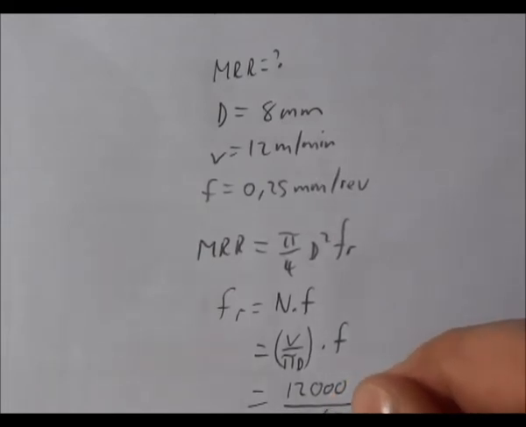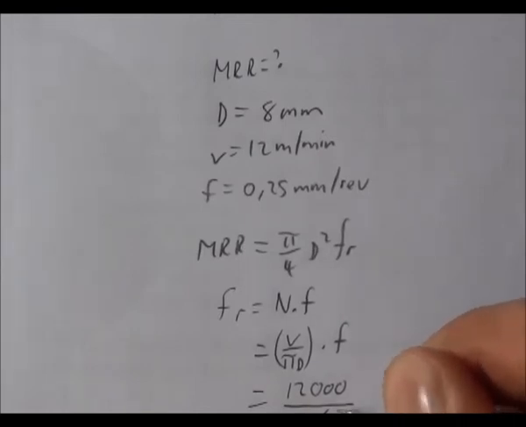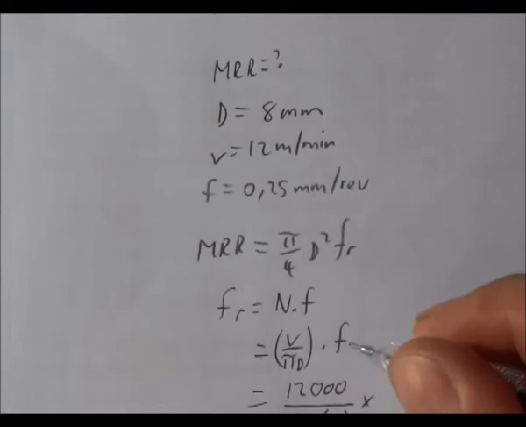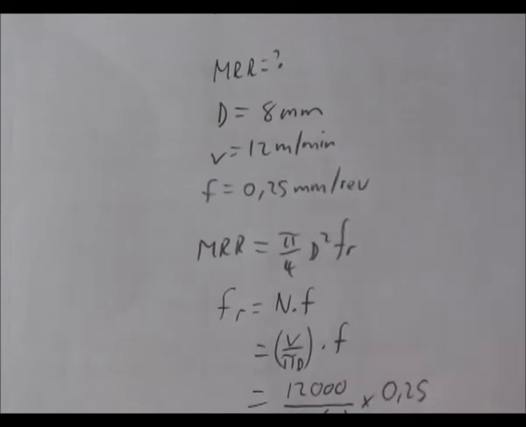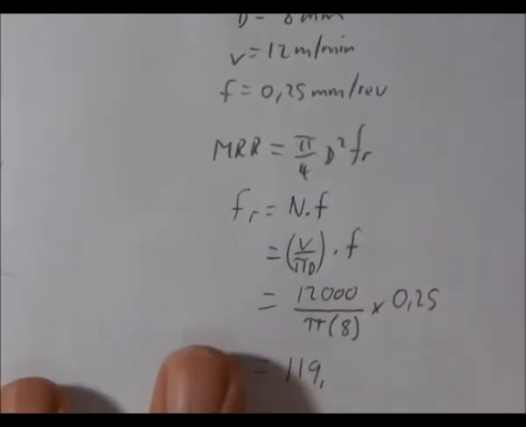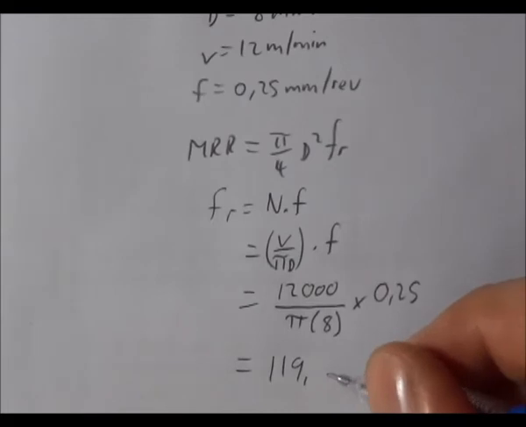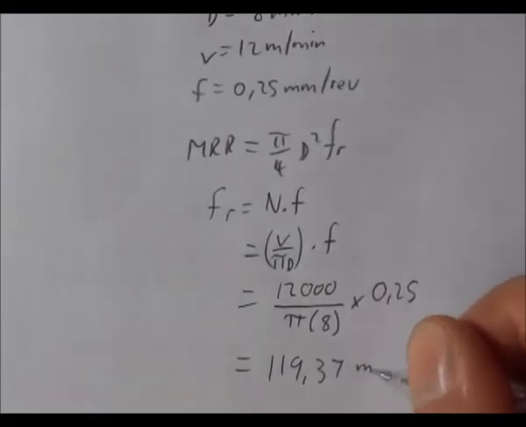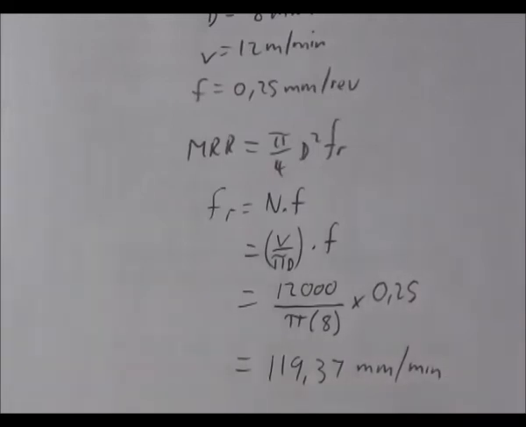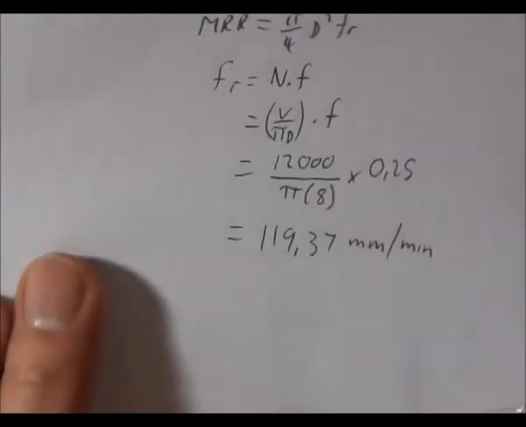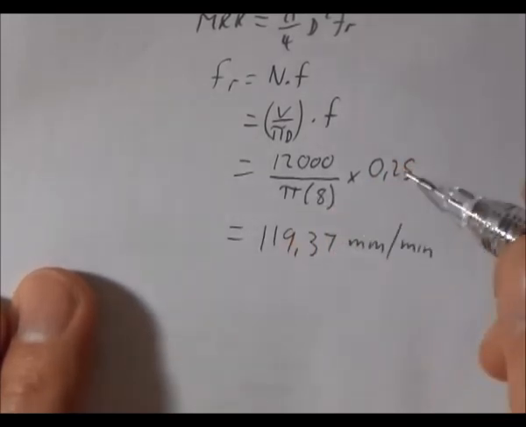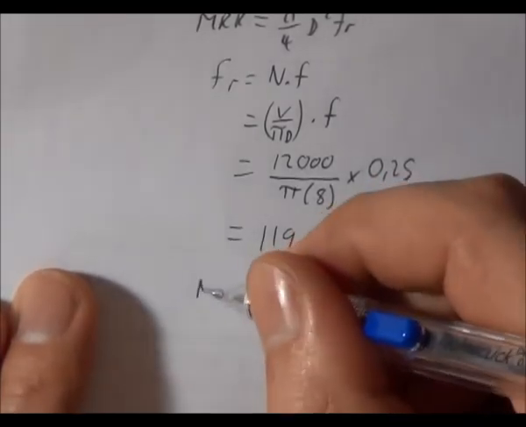Pi times 8, that is my diameter of the drill bit, times my feed, which was given as 0.25. So that gives me a feed rate of 119.37 millimeters per minute. So now I can plug all of this into my material removal rate equation.